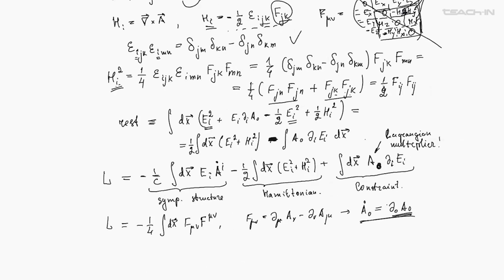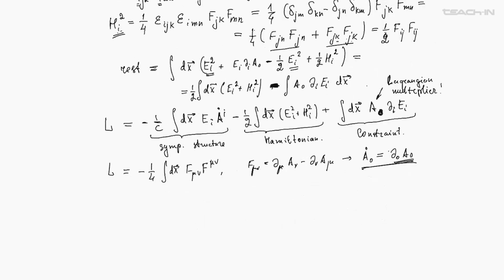A0 appears without a time derivative on it, and so in fact it plays the role of the Lagrange multiplier. If we consider the equation of motion for the field a0, we get immediately di ei, and this must be equal to 0. And what is di ei? This is the divergence of E, the three-dimensional divergence. Divergence of E is equal to 0.